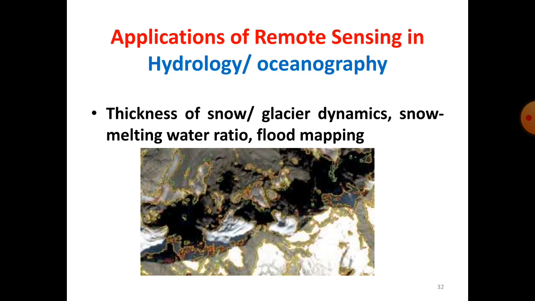So, the thickness of the snow or ice or glacier location is very important to generate drinking and potable water in the river banks. So, the glacier dynamics and thickness of the snow can be identified by using remote sensing technology.